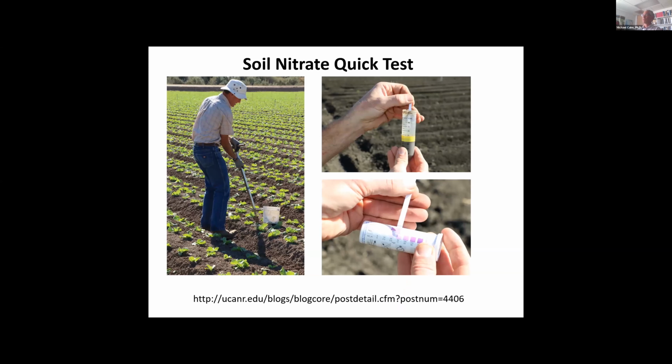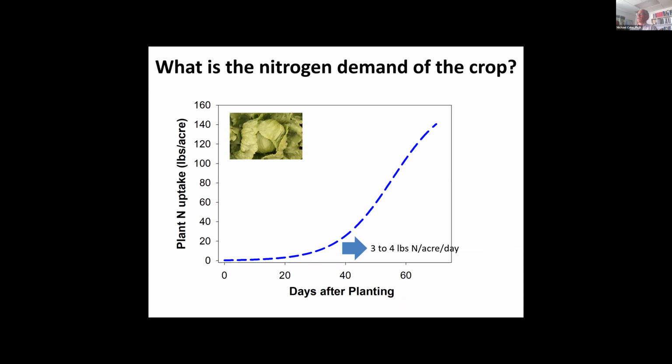And one of the key tools that we've been using on the Central Coast is the soil nitrate quick test. It is an easy way for growers to assess before they fertilize whether they have enough mineral nitrogen in their soil. But we also have to put that in the context of the crop demand for nitrogen through the growing cycle.